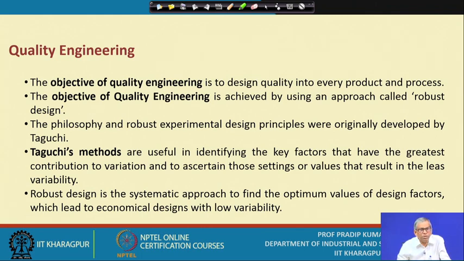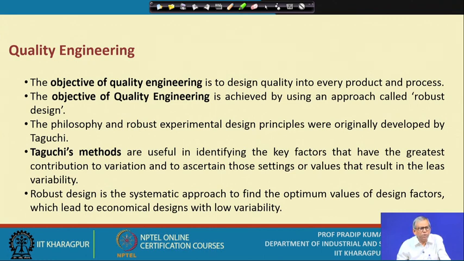So, that is very important in fact, as I have been telling all the time, any exercise on quality is essentially an exercise on variability, and you design a product in such a way that the performance variability should be under control, and this performance variability should be as minimum as possible.